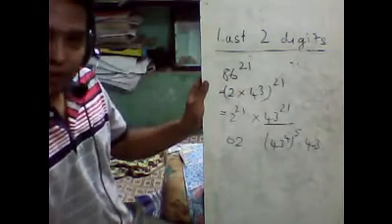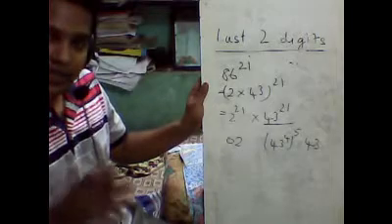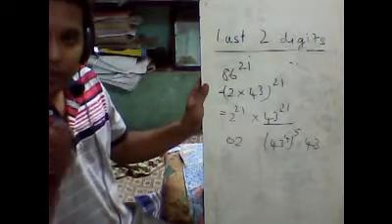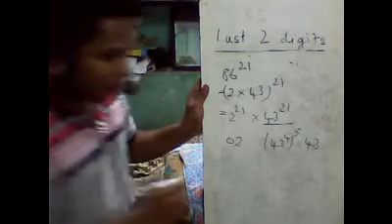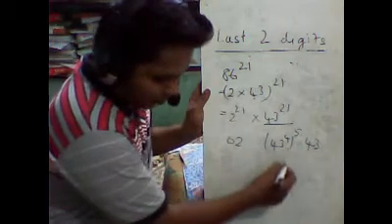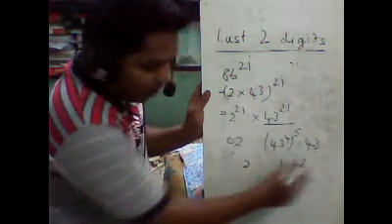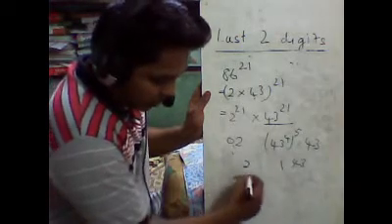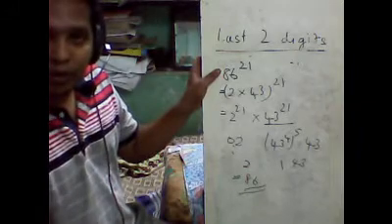And 43 to the power of 4 is nothing but 43 square into 43 square, which is nothing but 49 square, which is nothing but 1 square. So 43 to the power of 4 is 1. 1 to the power of 5 is 1. 1 into 43. So we have 2 here, 1 here, and 43 here. The multiplication of which is 86. 86 is the last two digits of 86 to the power of 21.